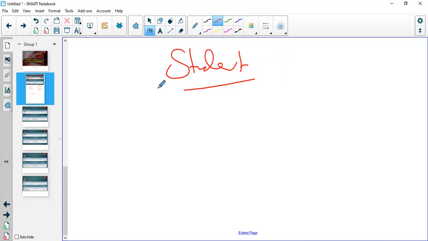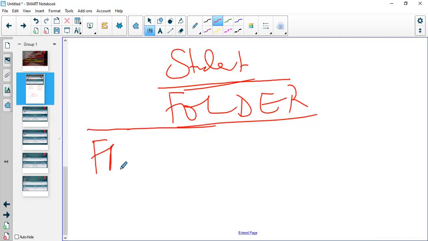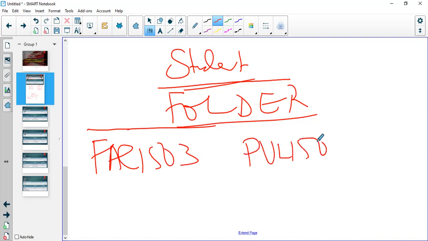Let's say you are a student. A general ledger is a huge folder that you have on your laptop. Then in that folder you're going to have a module FAC 1503, which you study, then PVL 1501. That's a subfolder.